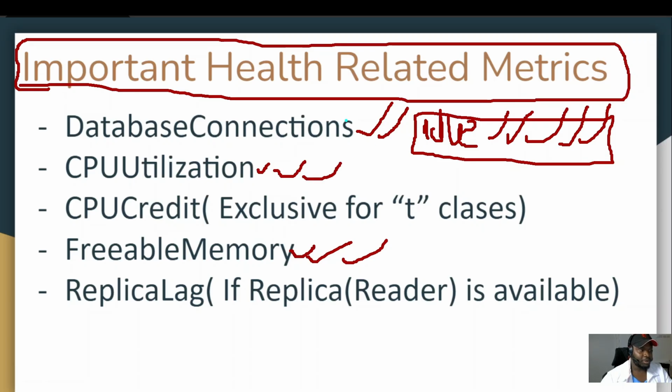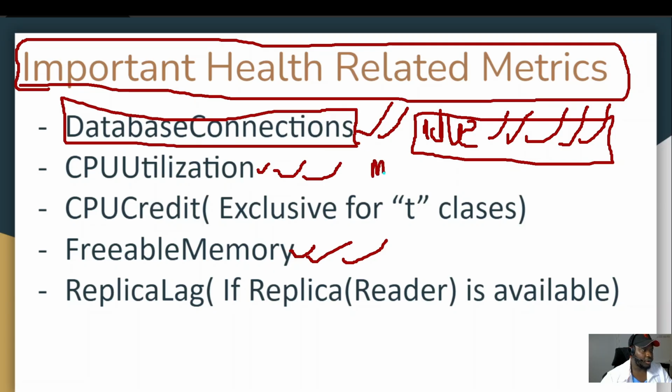So you must monitor database connections with respect to your max connections. What I'm saying is for Postgres. These limits also depend on the kind of instance that you have.